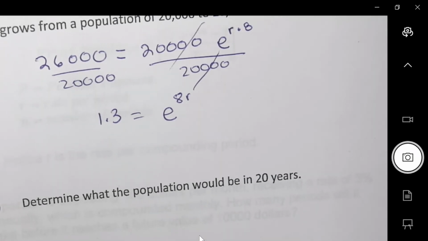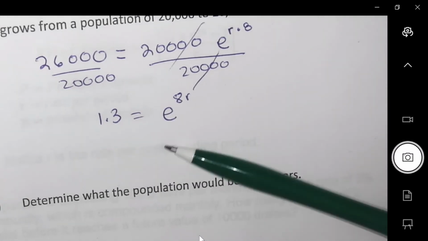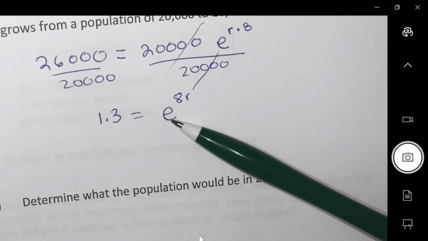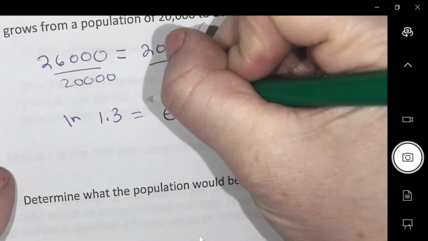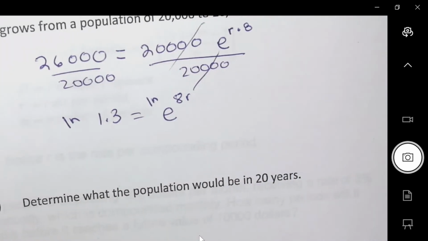Now you times the e to the 1, like times it. I can't times these. I'm going to natural log both sides. You got to get the exponent r out of the exponent, and the only way to get it out is to log both sides, but specifically because I saw an e, I'm going to ln, natural log both sides.